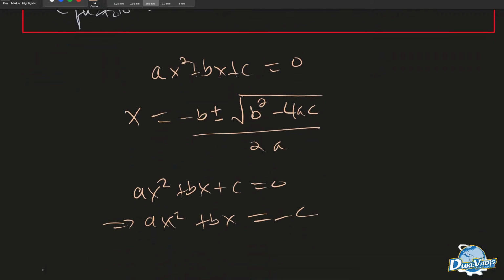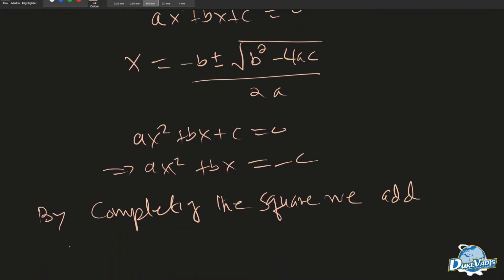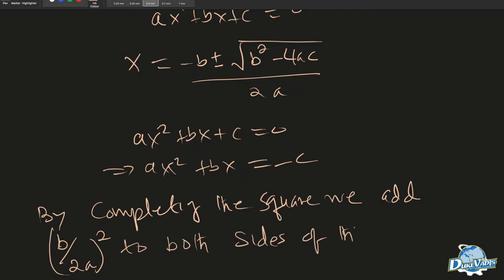Then, if you remember, by completing the square we add b over 2a squared. So we halve the b and we square it and add it to both sides of the equation.